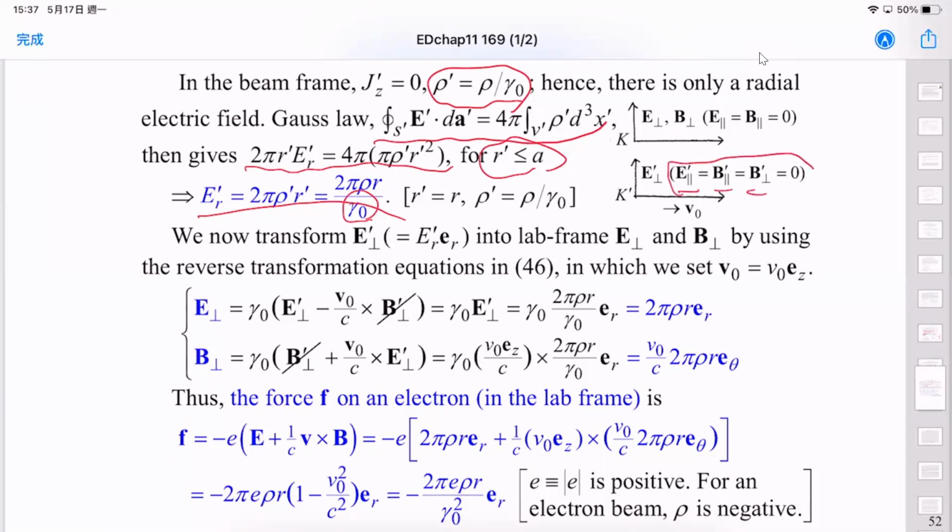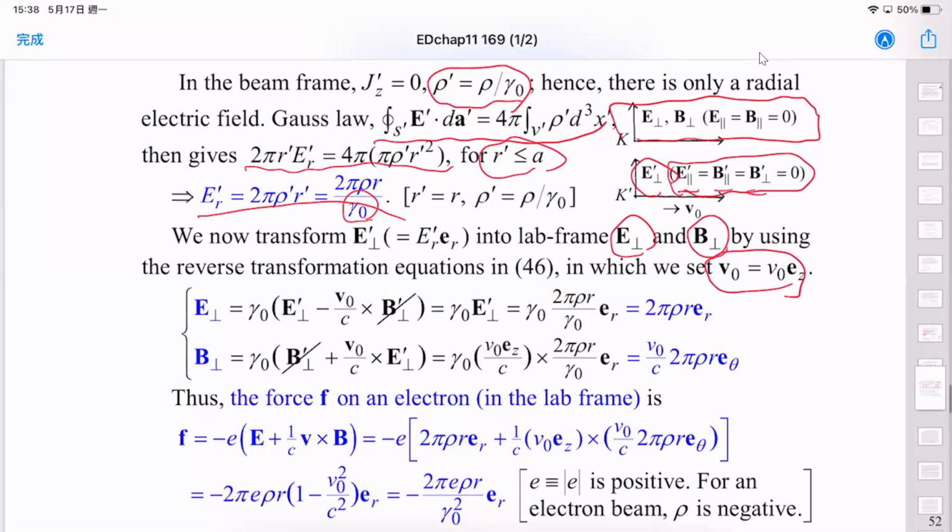So all we need to handle is the perpendicular components. We now transform E perpendicular prime into the lab frame, E and B, by using the reverse transformation equation. That means we change back. So we use the reverse transformation that differs in plus and minus v only.